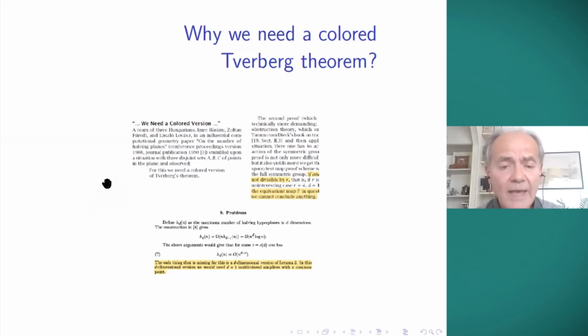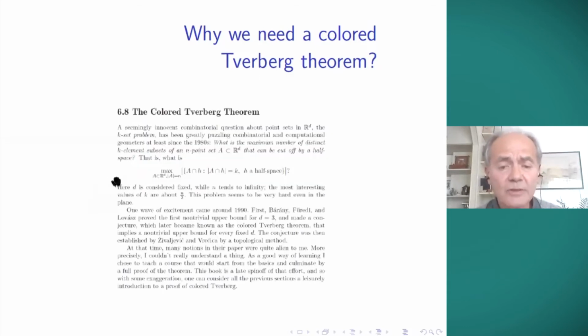K-set problems are closely related. Then there are piercing problems and so on, of discrete computational geometry. And the Colored Tverberg theorem originally played an important role in all these problems. So to summarize, I would like to know more about prime powers. And second, I also want to find motivation in discrete problems involving clouds of points, involving finite sets of points.